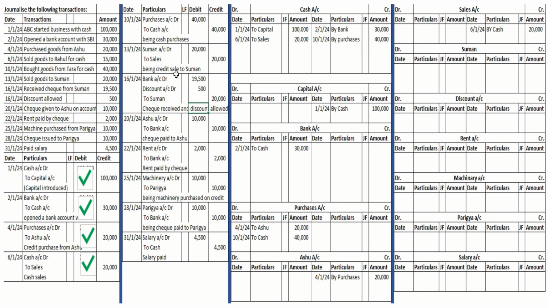Suman account debtor to sales. So we need to create a ledger called Suman, and the entry should be recorded in the debit side, since the Suman account is debited, to sales. In the sales account, it should be recorded in the credit side, by Suman.